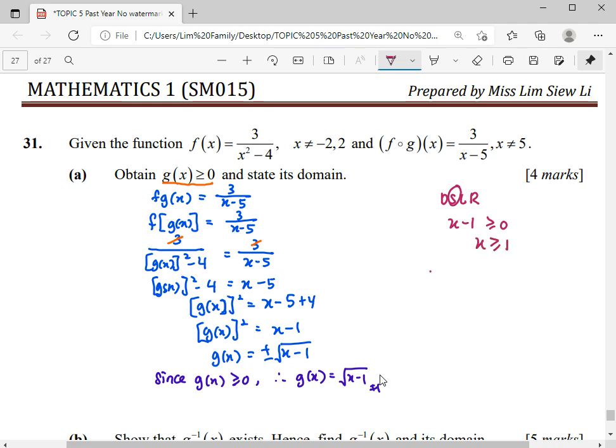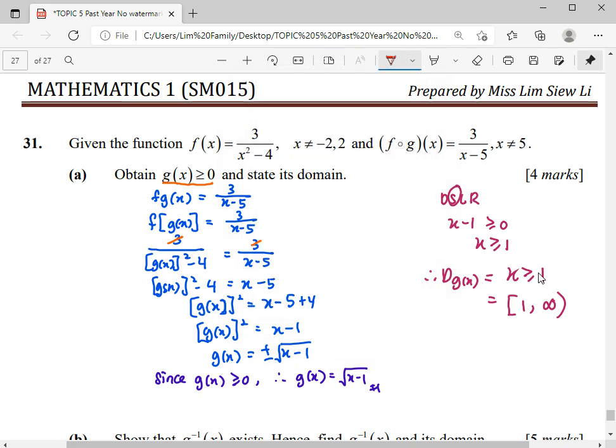Therefore the domain of g(x) is x greater than or equal to 1. We can write it in inequality form, or in interval form, 1 to infinity.